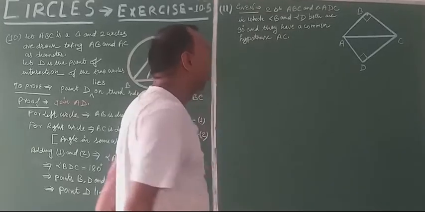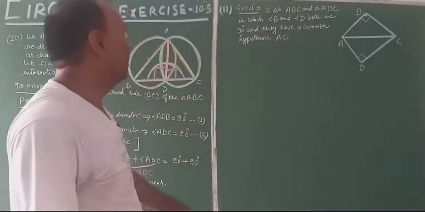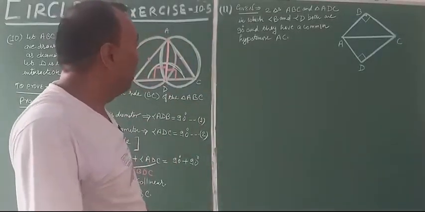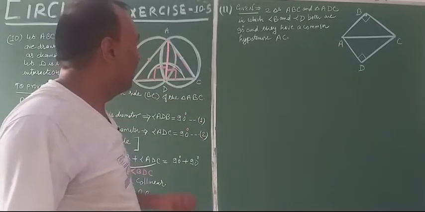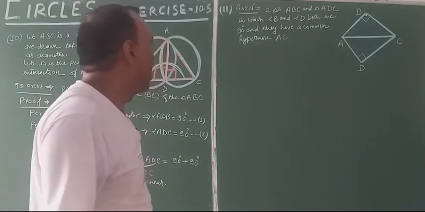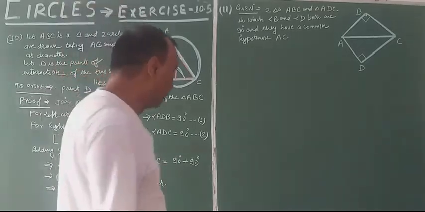What you are given: two right angle triangles ABC and ADC, in which angle B and D both are 90 degrees and they have a common hypotenuse AC. What you have to prove?